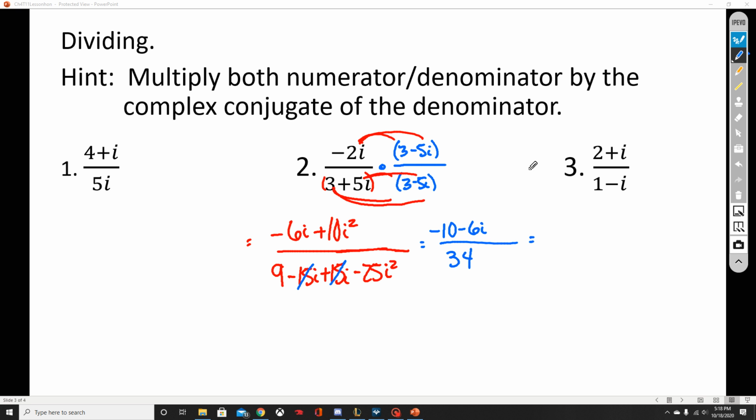All right, now we got to split the denominator to each of these because we want a real part and an imaginary part. So it's negative 10 over 34 minus 6 over 34i. These can be simplified a little bit because 2 goes into both of these.